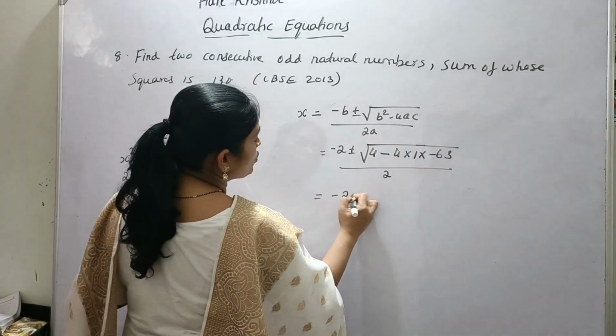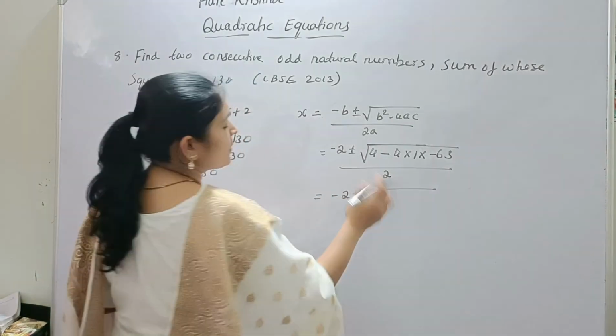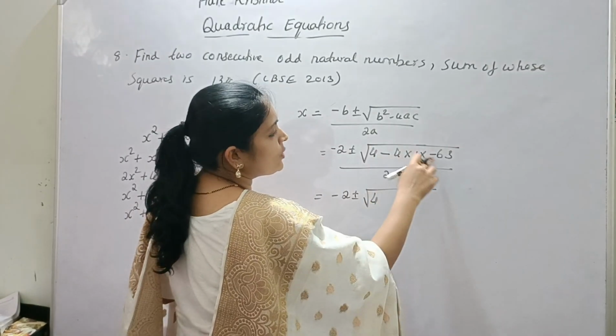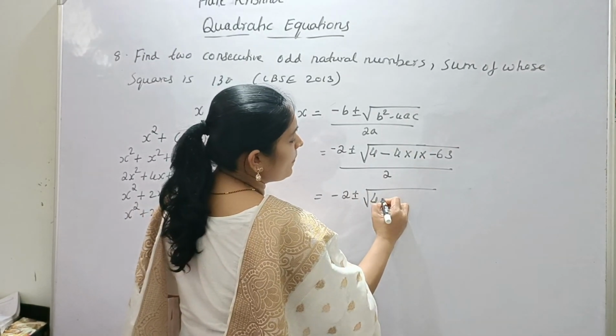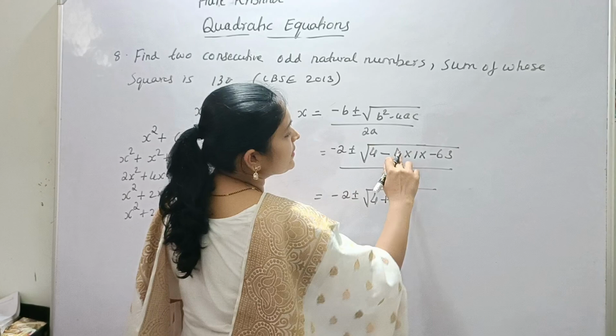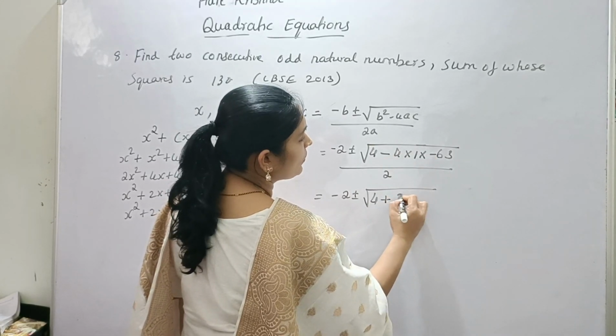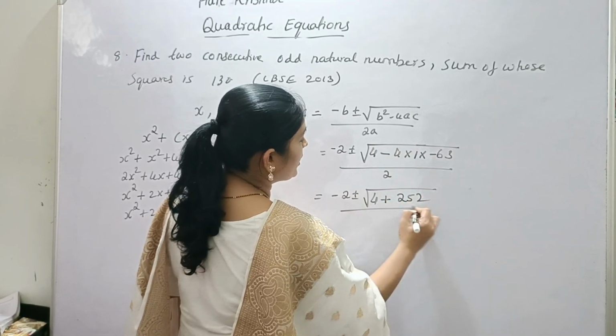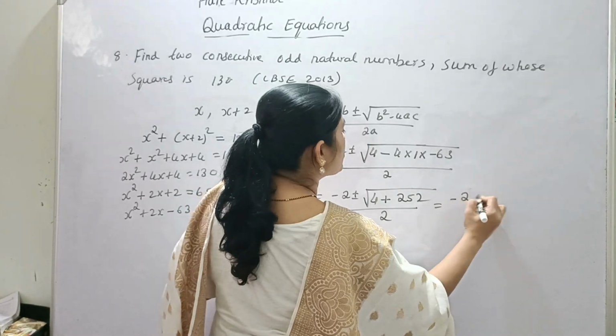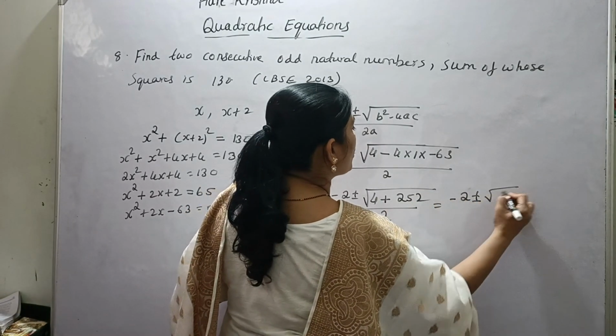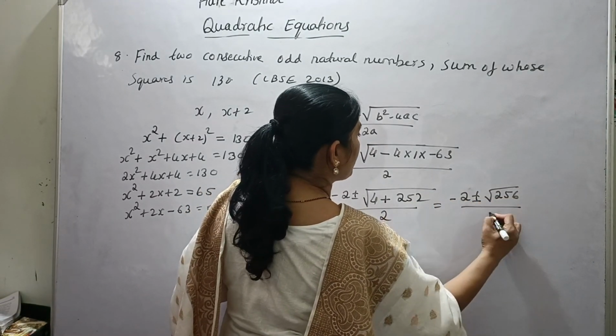So minus 2 plus or minus root of 4, minus into minus is plus. So 4 plus 4 into 63, 252, divided by 2. That is minus 2 plus or minus square root of 256 divided by 2.